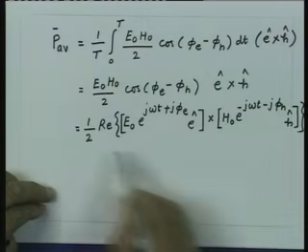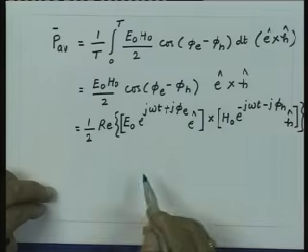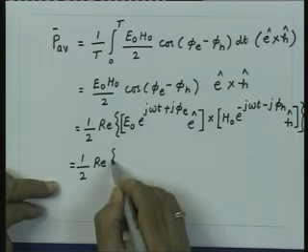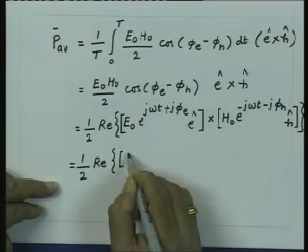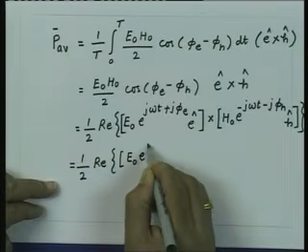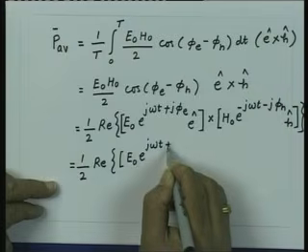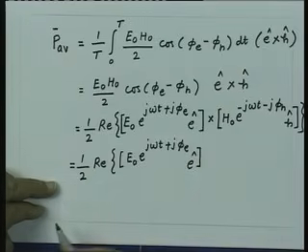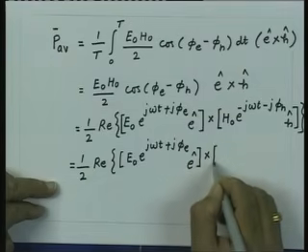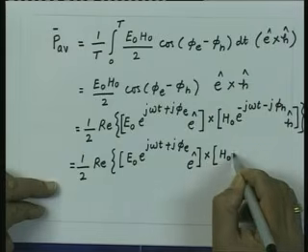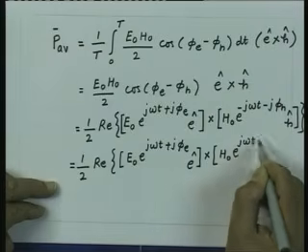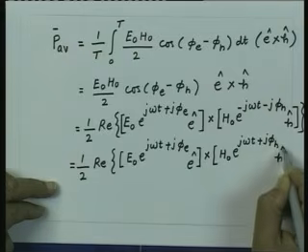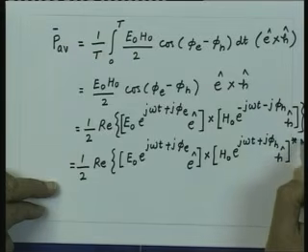Now, the same thing, if I take this negative sign here, this quantity is the scalar quantity. So, you can write this also like that, real part of this quantity, which is E 0 e to the power j omega t plus j phi E unit vector E cross H 0 e to the power plus j omega t plus j phi H, conjugate of this quantity.